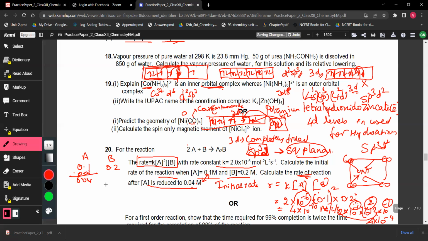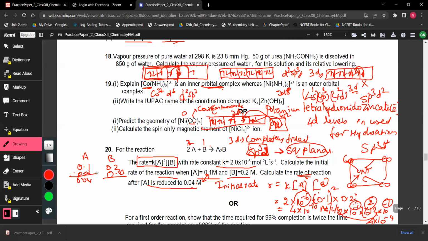Similarly, we have to find the remaining concentration for B also. But we know that they react in the mole ratio 2:1. That means if 0.06 is reacting for A, half of that will only react for B. Half of this is 0.03.